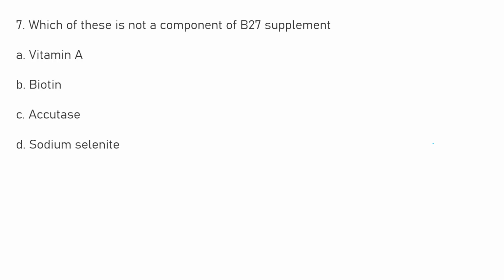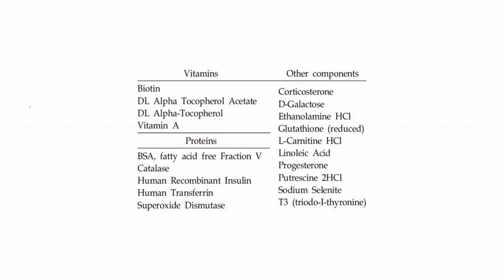So for this question, which of these is not a component of B27 supplement? The correct answer is accutase. This B27 supplement is actually a neuronal cell supplement, and this is the composition.